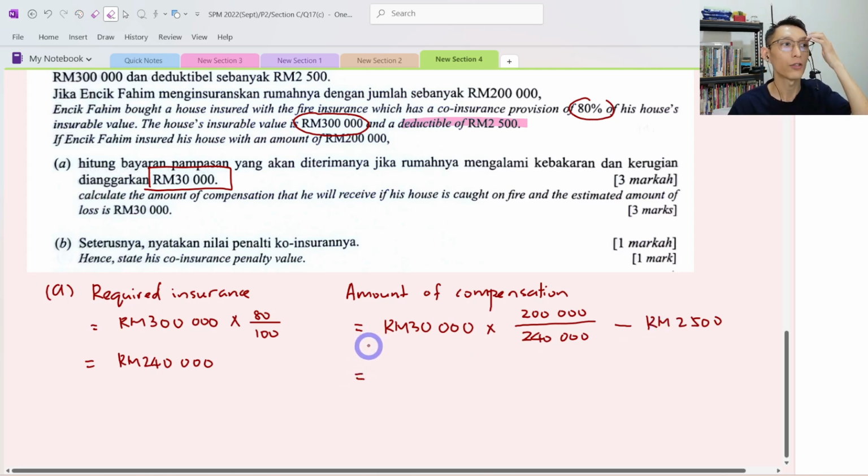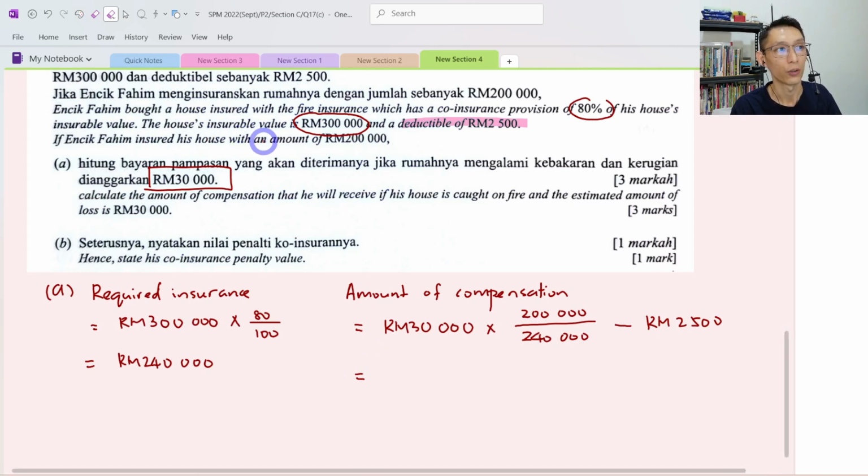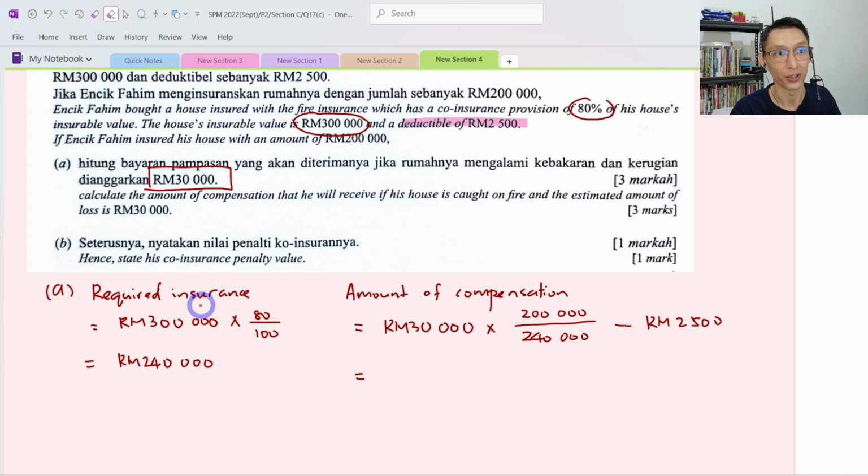How about if Injay Fahim insures his house with the required insurance? Here it will become 240,000 over 240,000, which means 1. Calculate this one: 30,000 times 200,000 over 240,000.